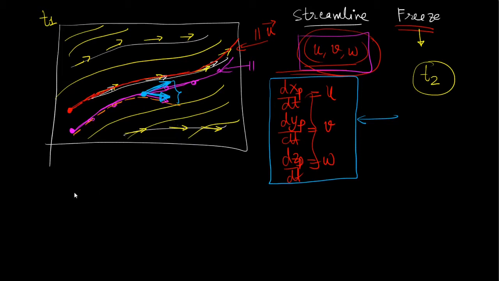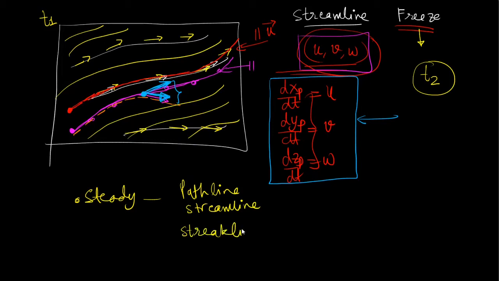That also reinforces our understanding that for a steady flow, the path line and streamline coincide. In fact, if they coincide, the streak line also coincides for a steady flow. Is this small discussion clear?